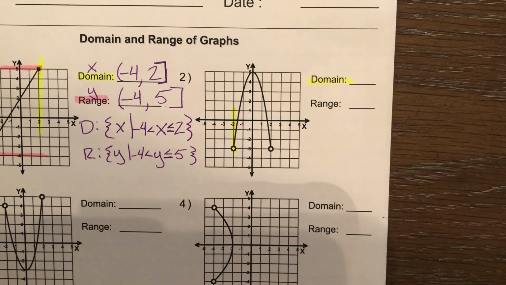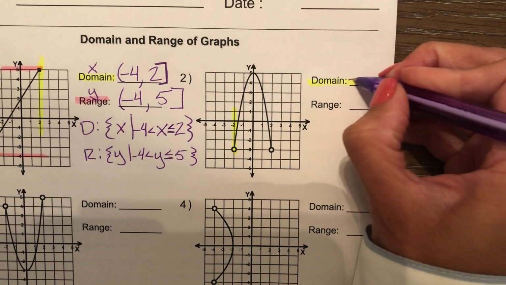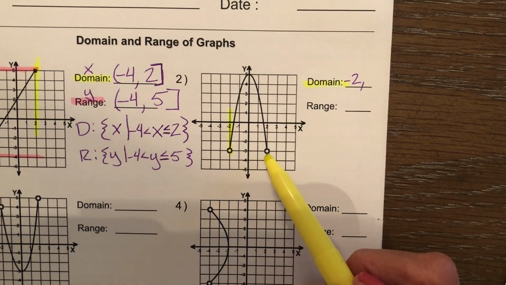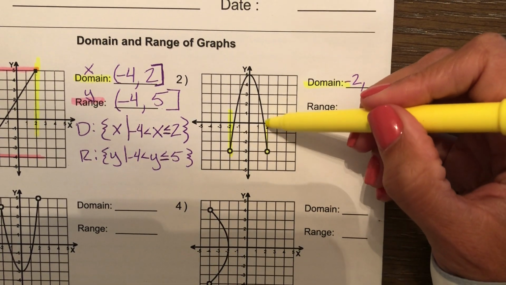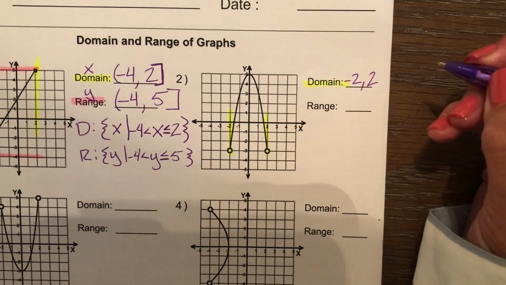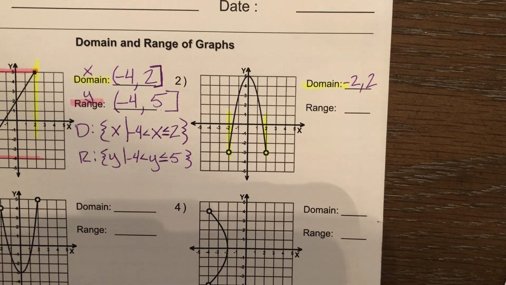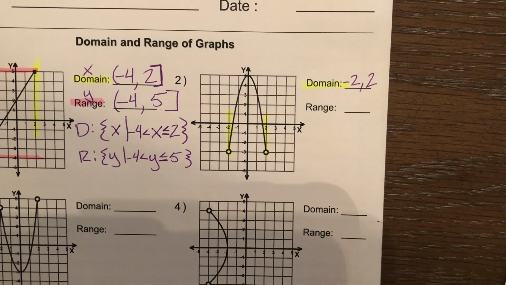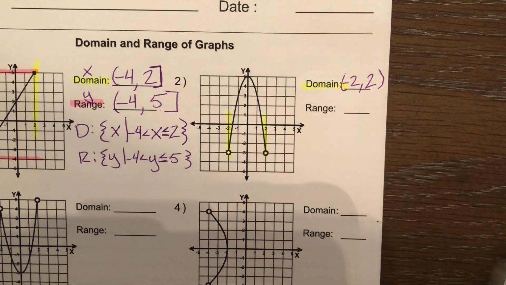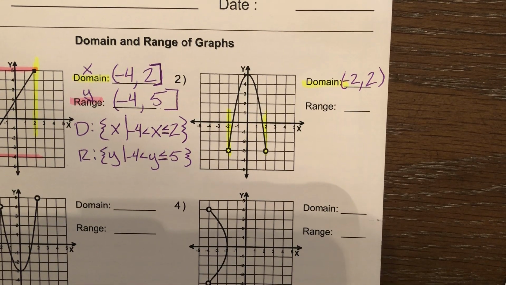That's at -2. Where's the furthest it goes to the right? Here at +2. Okay, now I need either parentheses or brackets. They're both open, so they're both going to get parentheses.